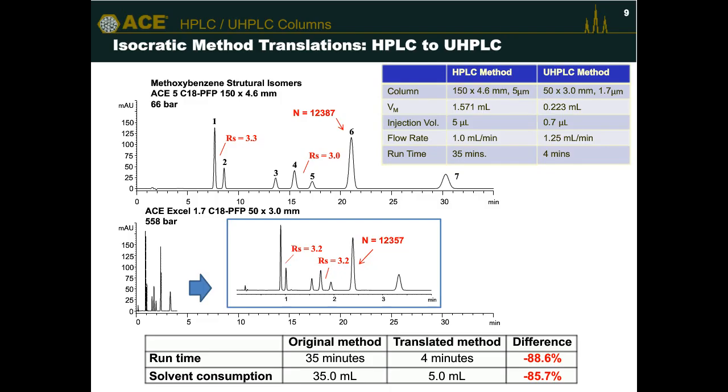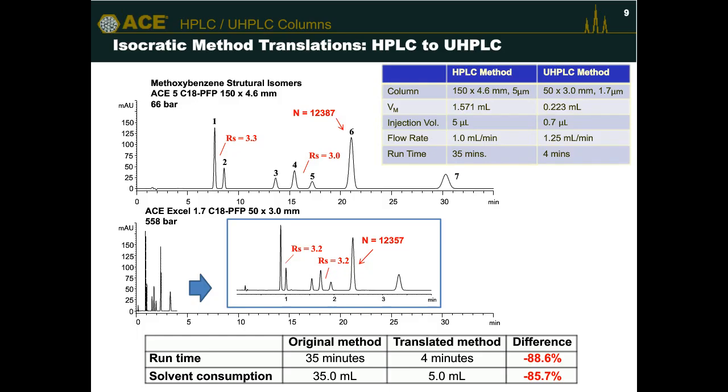So we've maintained the resolution of the critical pairs, we've maintained the efficiency of our peak 6 in this occasion that we were looking at, and we've saved a lot of time and a lot of solvent. So it really is beneficial, and this is why UHPLC is becoming so popular, because we can achieve much faster separations with the same chromatography we had in HPLC.